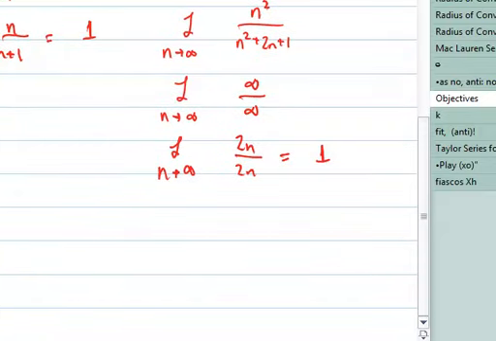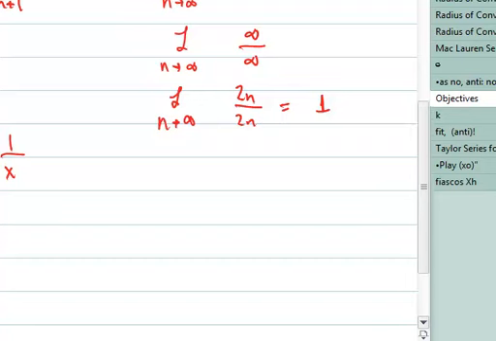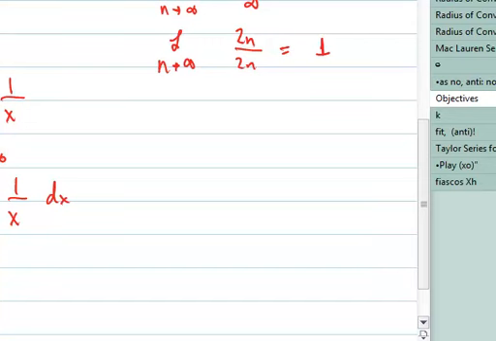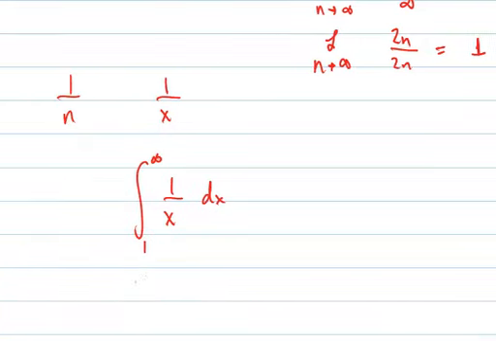So we have a function that we can actually make a comparison to, because on one hand we have a function 1 over n, which reminds us of the function 1 over x. So let's consider an integral of the area underneath 1 over x, and if we integrate that from 1 to infinity, we have an improper integral, so we have to do the limit as, let's call it b, is driven to infinity of the integral from 1 to b of 1 over x dx.